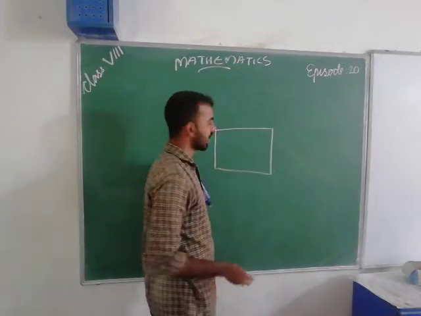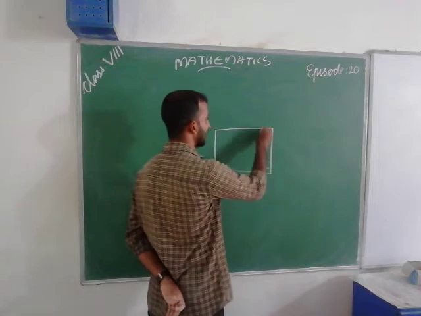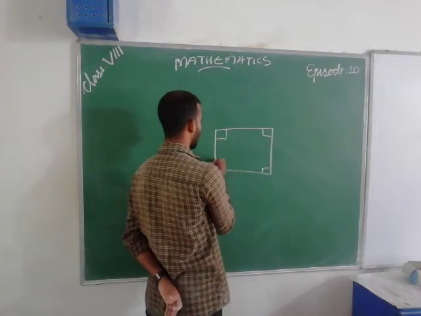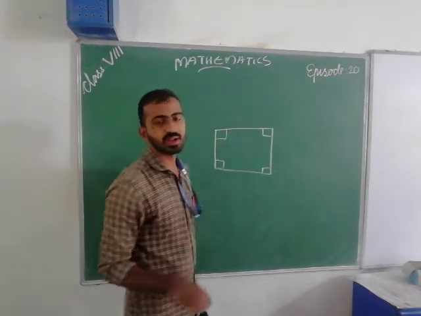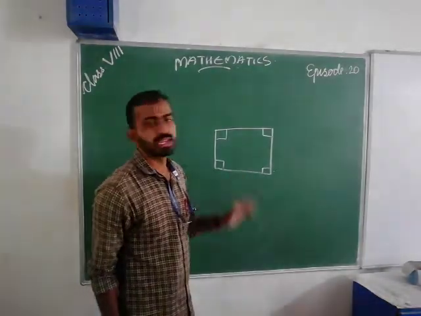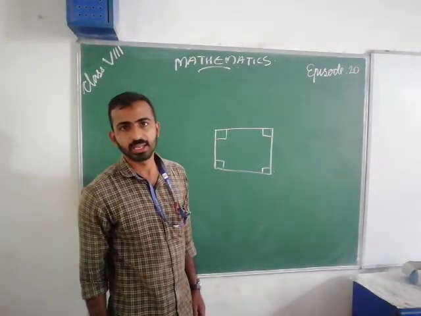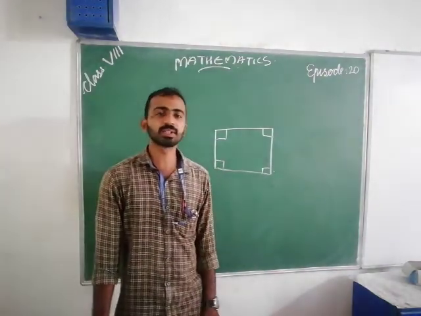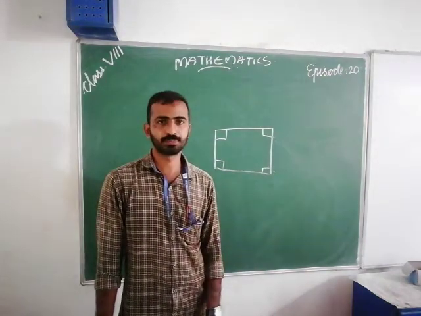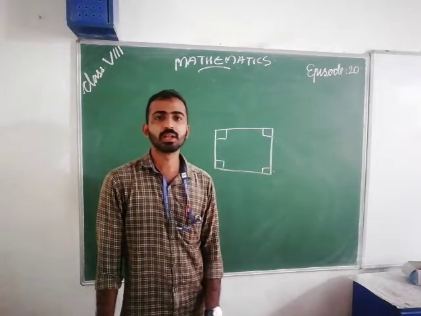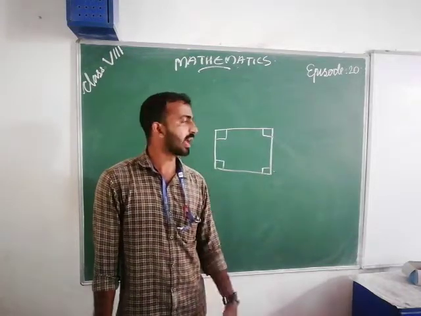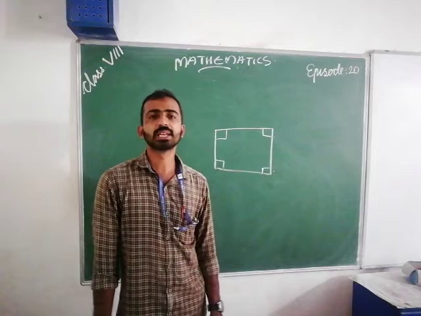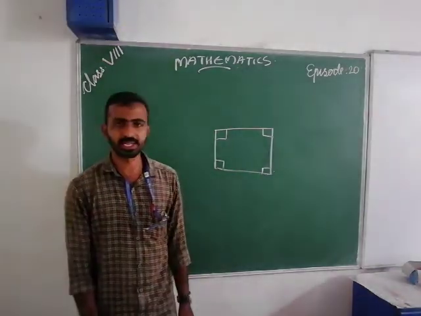This is a rectangle, and the four angles are equal, meaning 90 degrees. When we take four equal angles and parallel lines, that is a rectangle. Opposite sides are parallel, so it is also a parallelogram and its angle is 90 degrees.